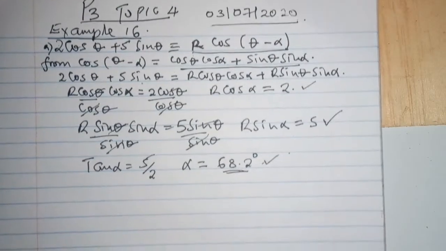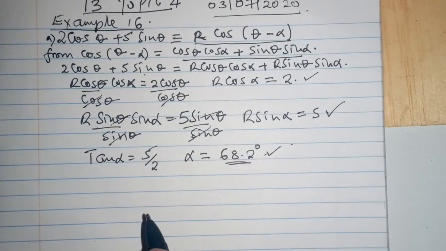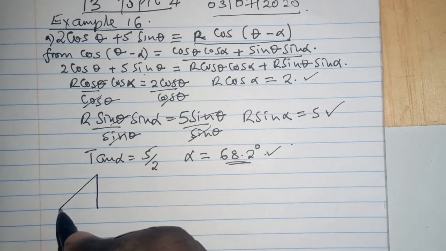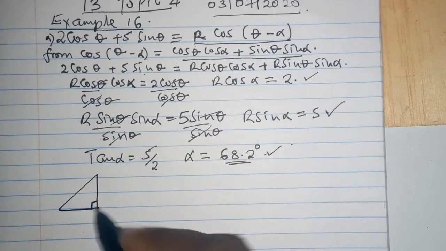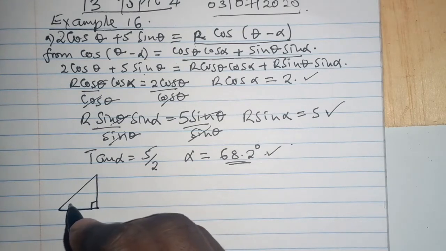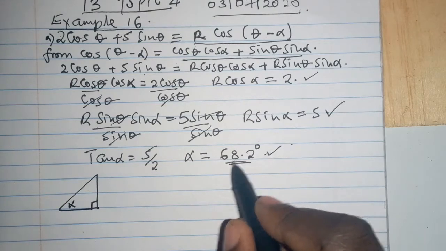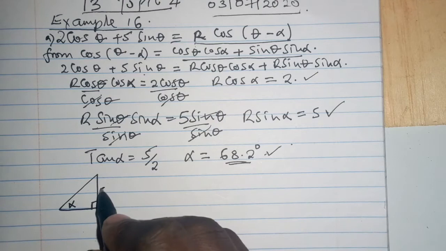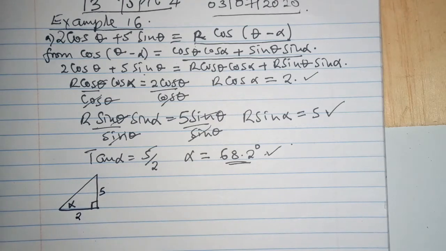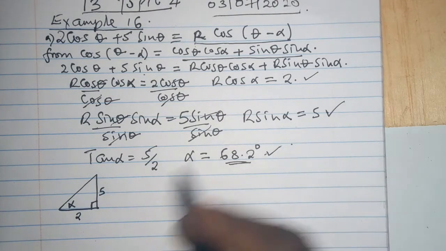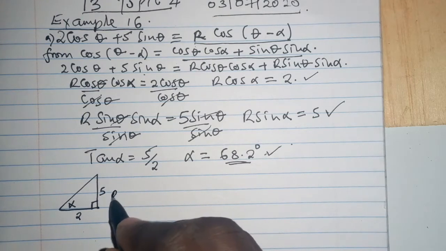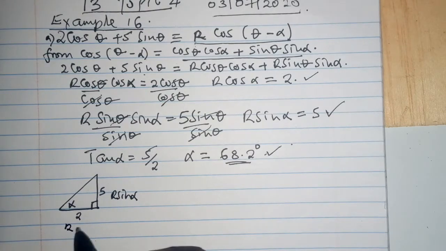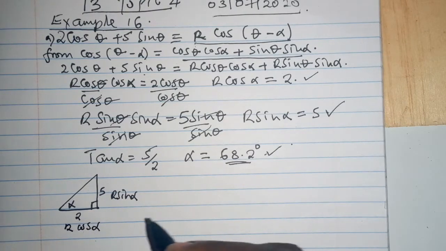Let us talk about the value of r now. If we bring the Pythagoras triangle here, which has a right angle, we have alpha here, which is 68.2. Because its tangent is opposite over adjacent, opposite is 5 and adjacent is 2. Incidentally, 5 happens to be r sine alpha and 2 happens to be r cosine alpha.